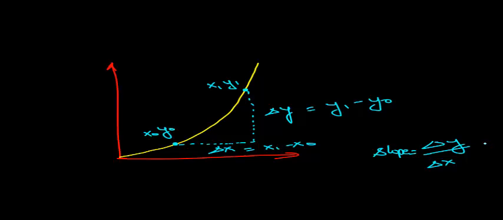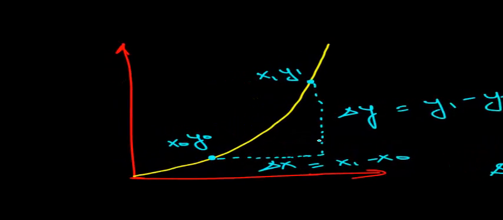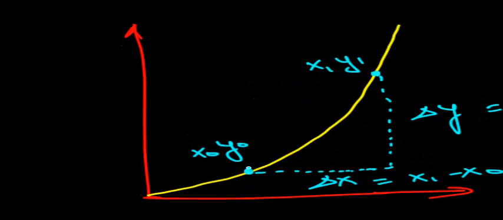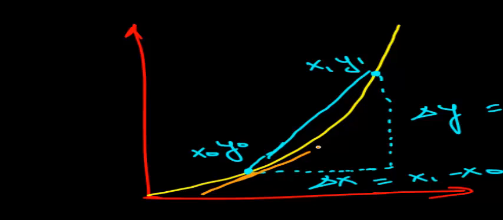But this is the slope of which line? This is the slope of the line joining these points. But what are we interested in right now? We want the slope at this point x0, y0 on this curve, which is going to be the tangent. So you'll say that this is not the slope that I'm interested in.